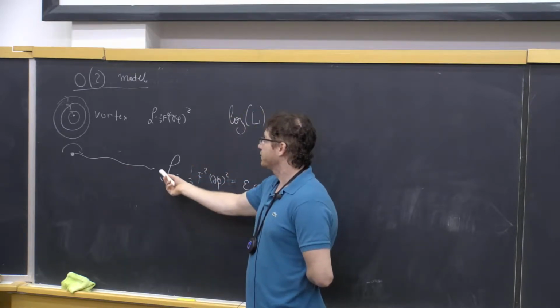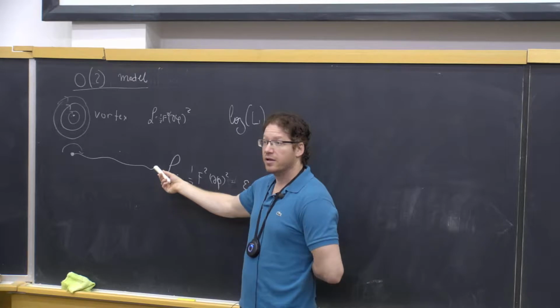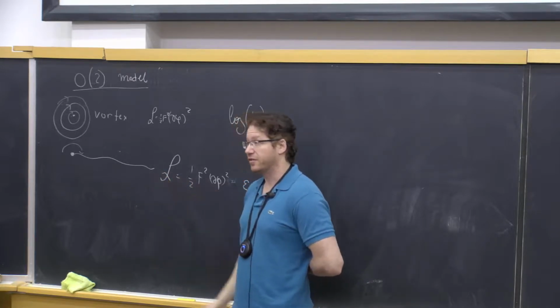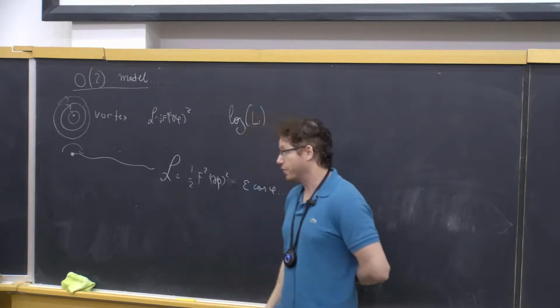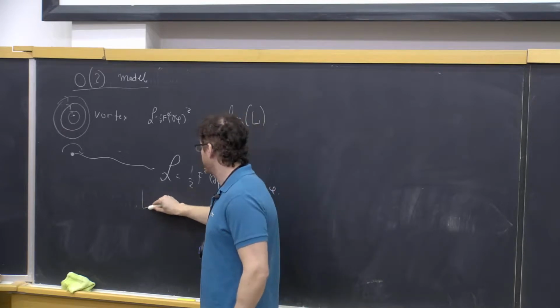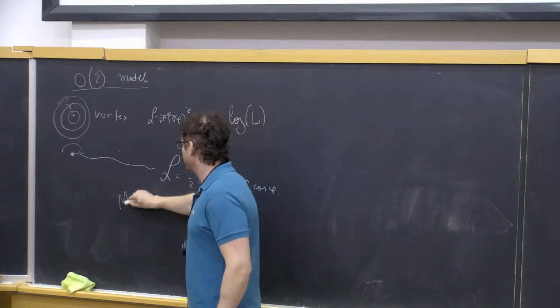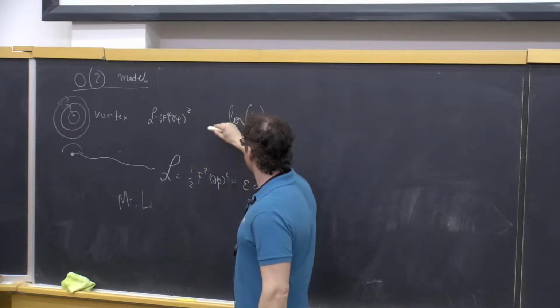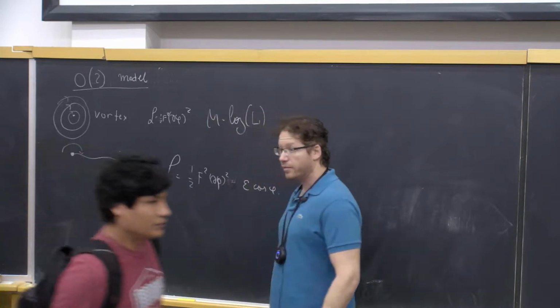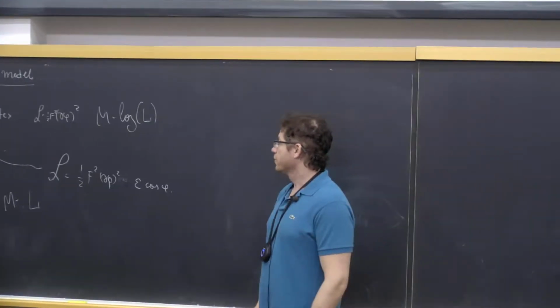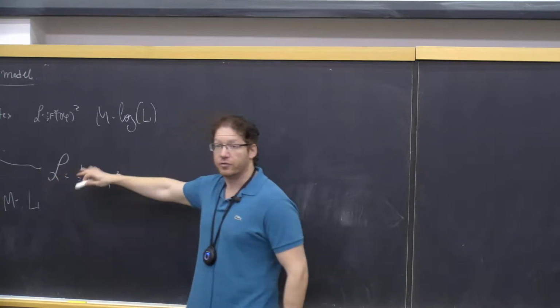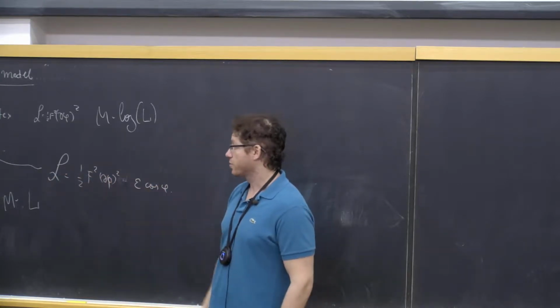In this case, the energy would, of course, diverge linearly with the size of the box. So the divergence gets even worse. Here the divergence would go linearly, and here it would go logarithmically. You were supposed to try to understand this configuration for your homework problem.